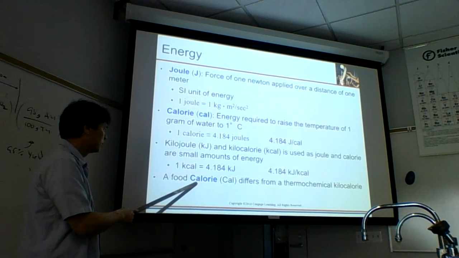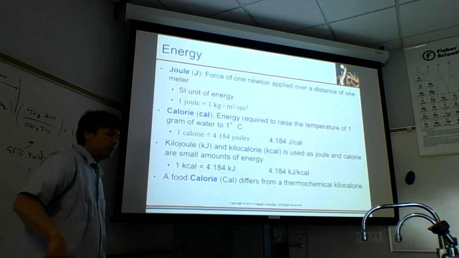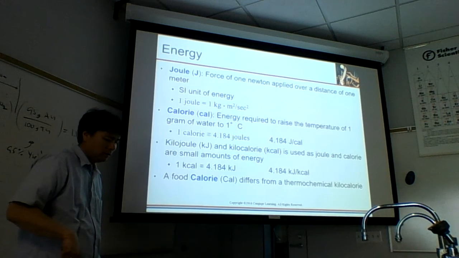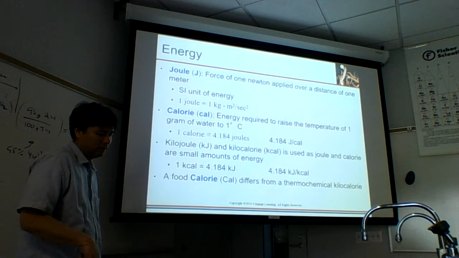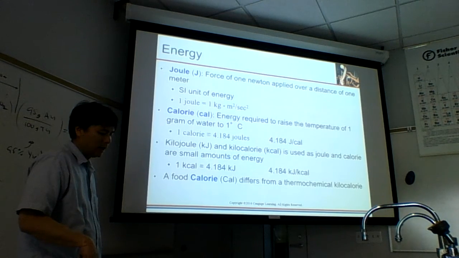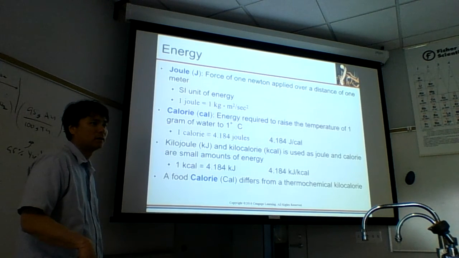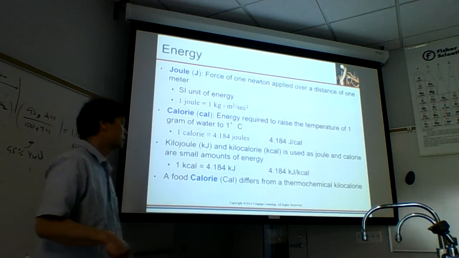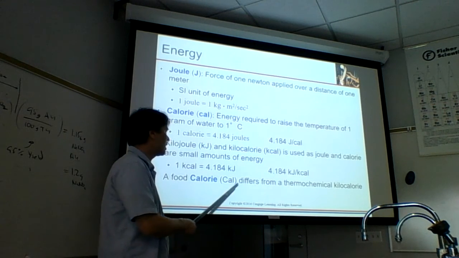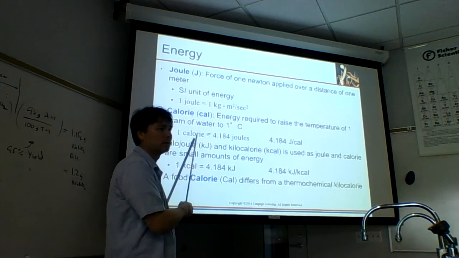A food calorie. Say you just ate a 2,000 calorie meal. Well, actually you didn't. You ate a 2 million calorie meal. But who wants to think about eating 2 million calories worth of food? And so a food calorie is 1,000 chemical calories.